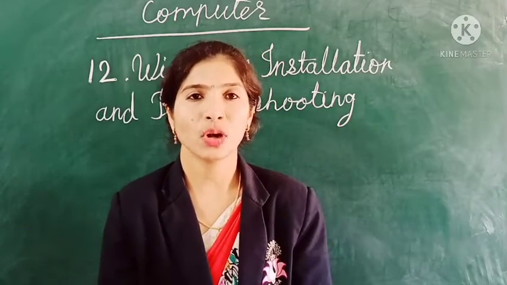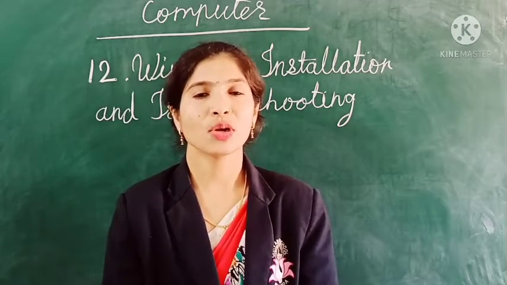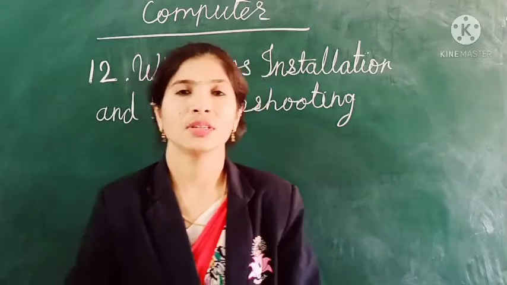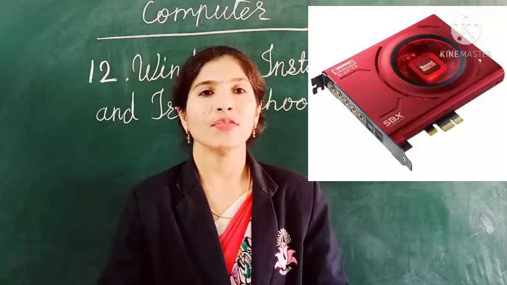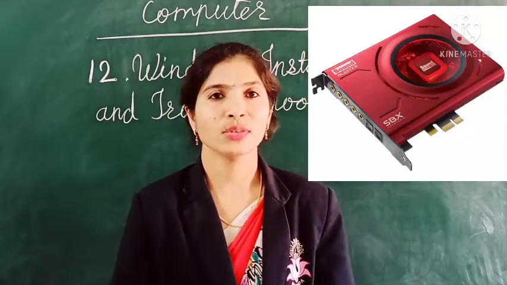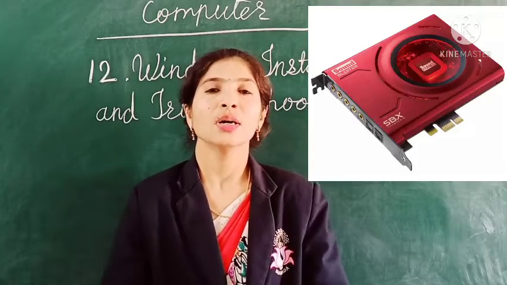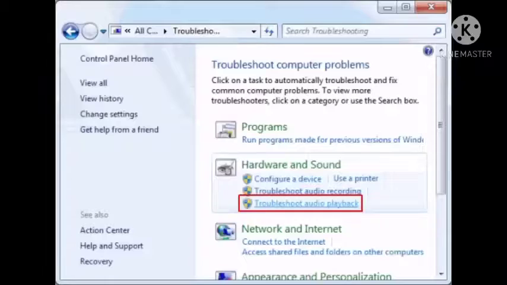Now, common problems and their troubleshooting. Let's discuss some common Windows 7 problems and learn the methods to troubleshoot. Now, sound card troubleshooting. If you are unable to hear sound while playing a movie or an audio clip, perform the following steps. Let's see.